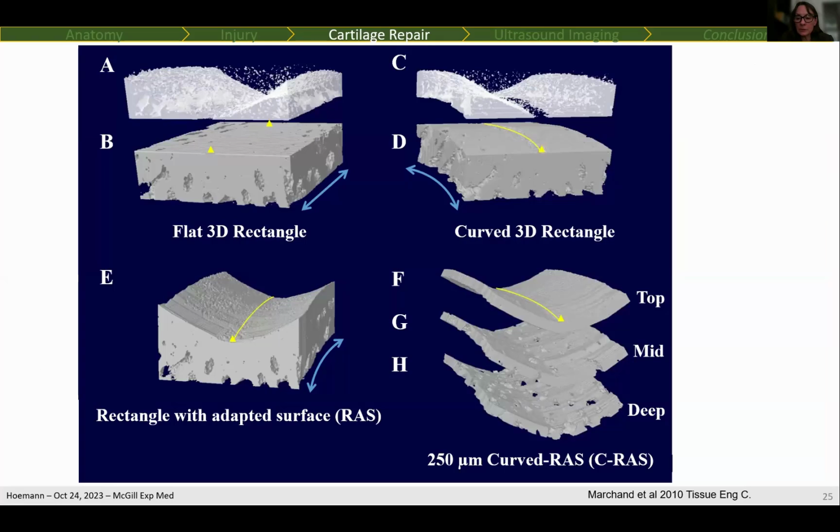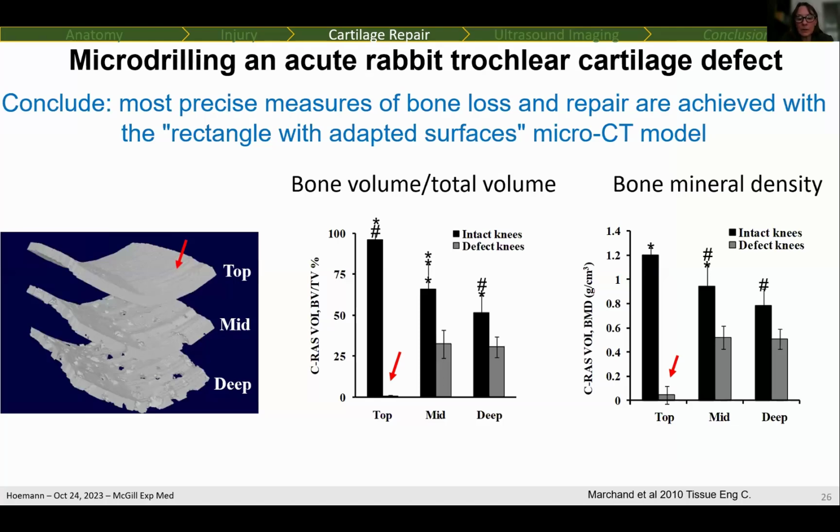So here's an image of the 3D reconstruction of these different models, and you can see in the white speckles in A and even C how if you don't do the adapted surface, you're actually missing a lot of mineral tissue in your measurements. And what she found is that the bone volume over total volume in the top CRAS, shown by the red arrow, is pretty much 95% mineral tissue.